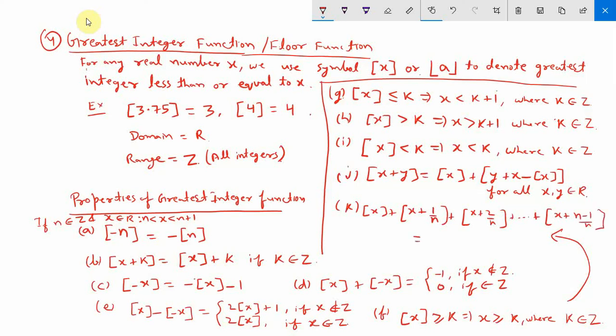So it will be equal to the greatest integer function of nx, as all the 1 by n, 2 by n, 3 by n will not contribute in the greatest integer function. So n is an element of natural number.